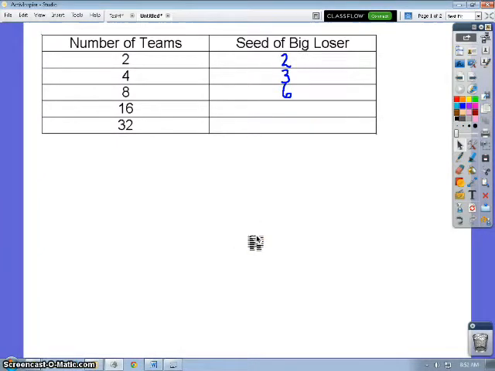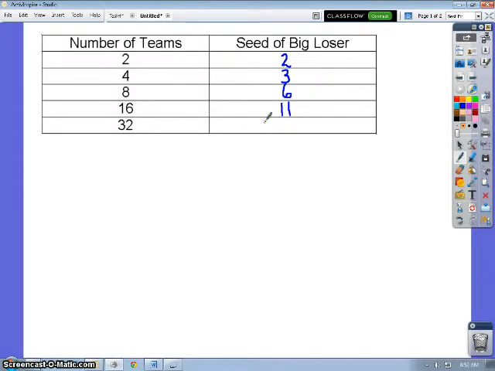We also know from task 2 that in the case of a 16-team tournament, the seed of the big loser will be number 11. And I actually had gone ahead and diagrammed out a 32-team tournament, which wasn't particularly easy.